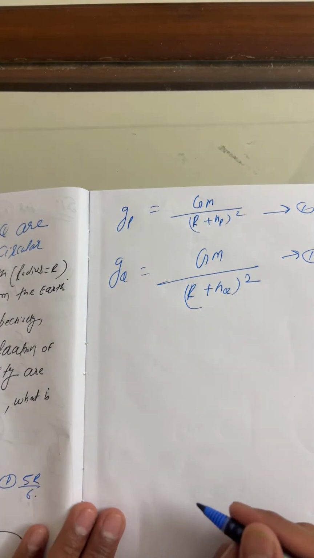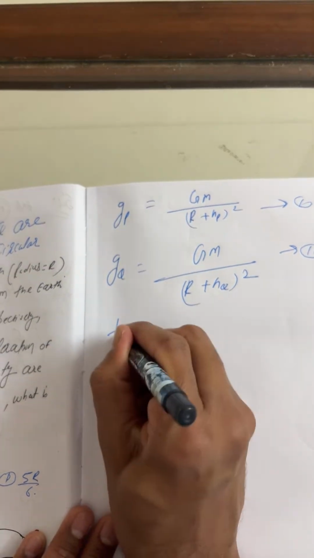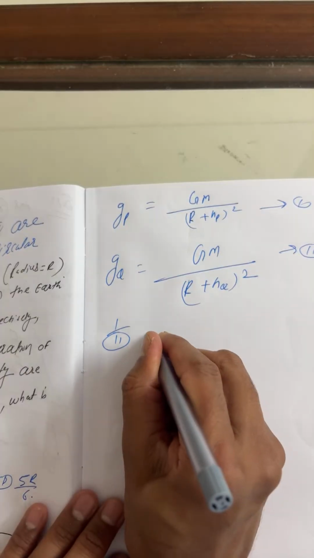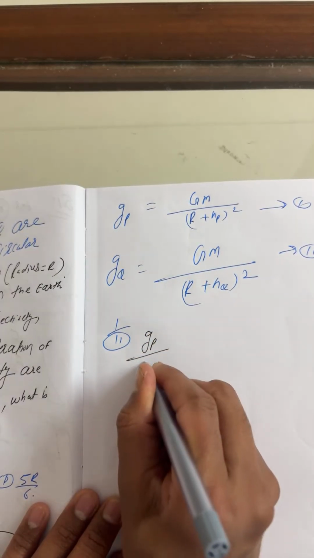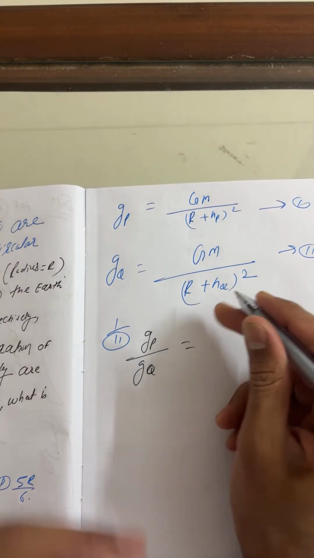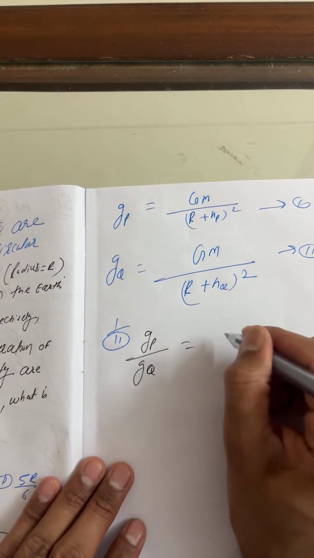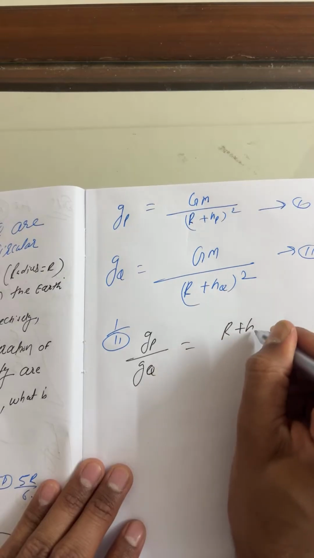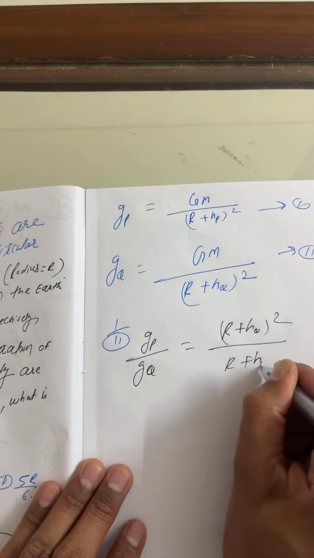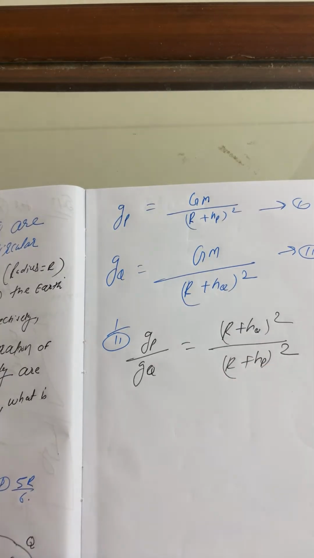Just divide these two, first by second. So if we divide first by second, what can you write? GP upon GQ is reversed, so finally you can write R plus HQ whole square upon R plus HP whole square.